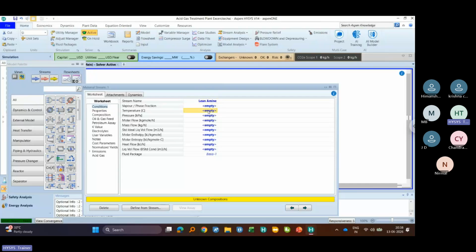For which the conditions are given. For my system, the temperature is given in Fahrenheit and pressure in psi, so it's better that the unit set be selected as field. So the temperature for this lean amine stream is 110 Fahrenheit. Pressure is 824.7 psia. Then we have the standard ideal liquid volume flow of 100 USGPM, so we'll enter this value as 100 USGPM.